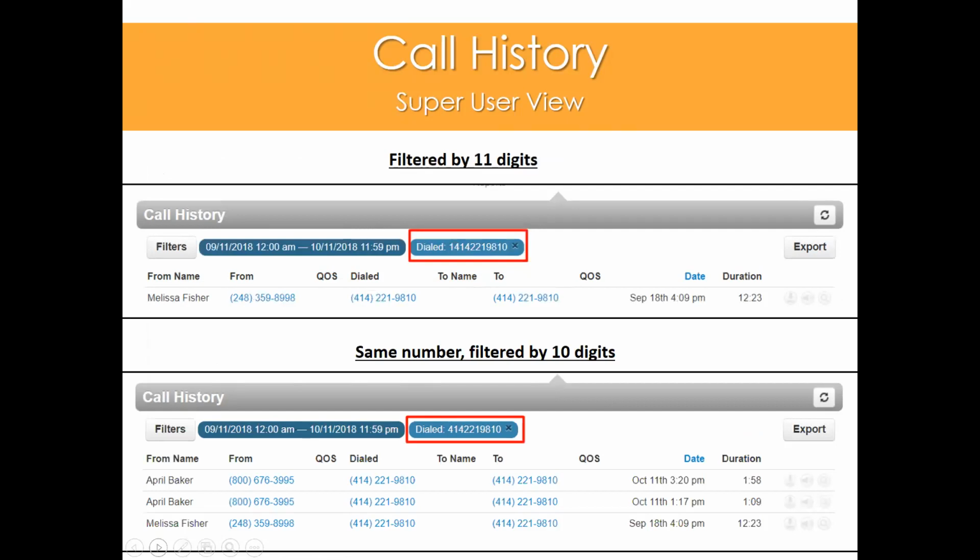If you filter by 10 digits, then it'll take all of the 11-digit and the 10-digit numbers. So that's a little gotcha.